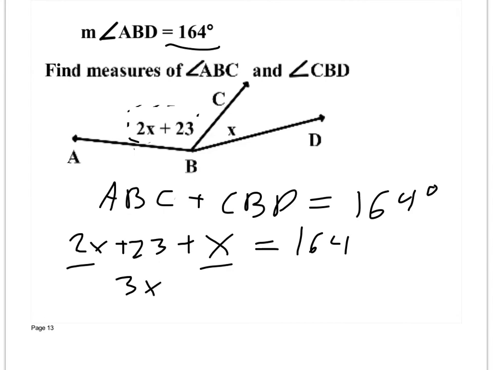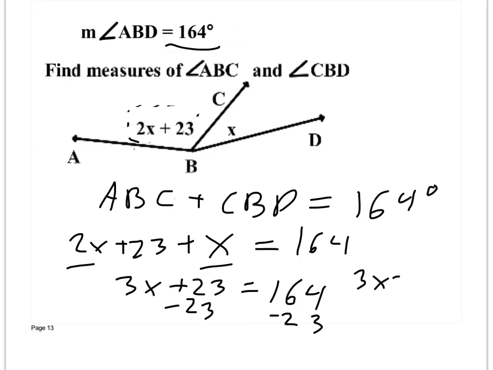I get 3x plus 23 is equal to 164. And then my goal is to get x by itself, which we've done all year long. So I look at what's being done to x. I'm timesing by 3 and then adding 23, so I go in the reverse order of that. I would subtract 23 first. So I've got 3x is equal to 141.